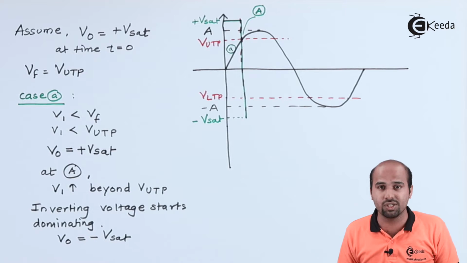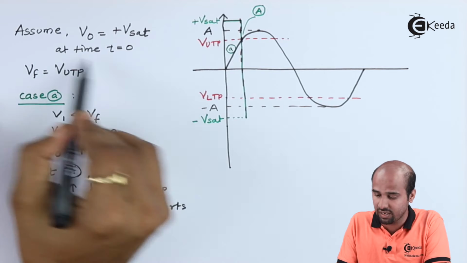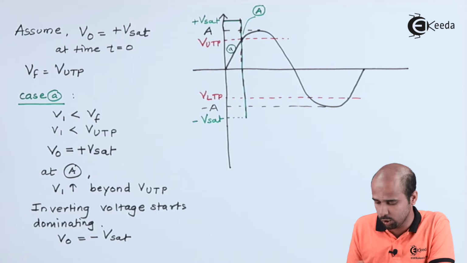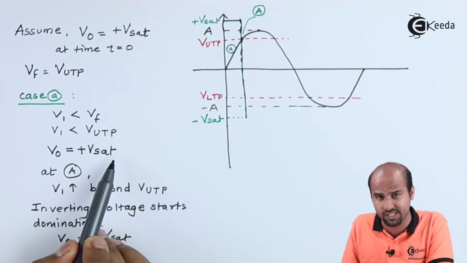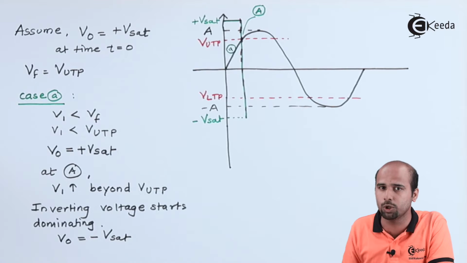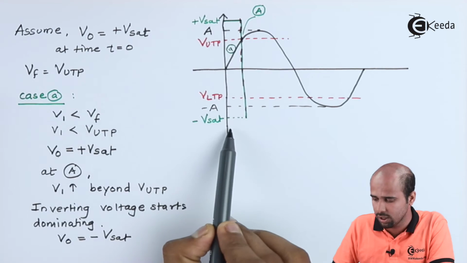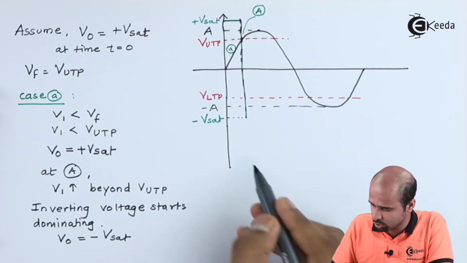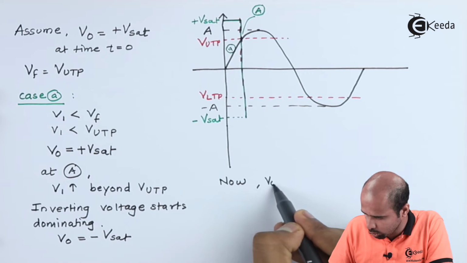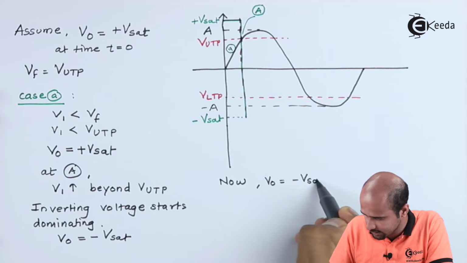Now there is a change of VF as well, because till this point the value of VO is equal to plus VSAT. But at point capital A, we are getting a change in the output voltage, that is plus Vsat to minus Vsat. So now VO is equal to minus Vsat.